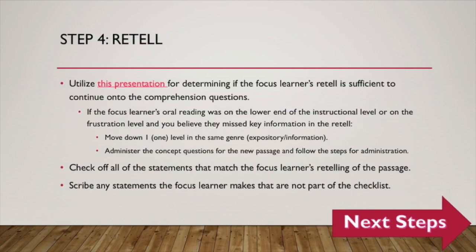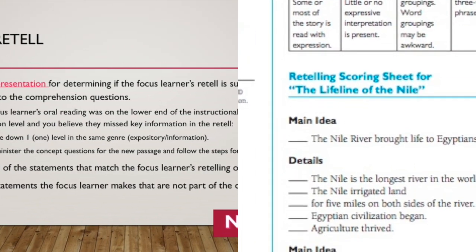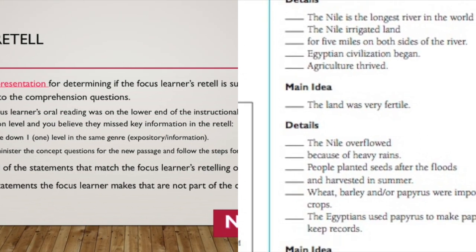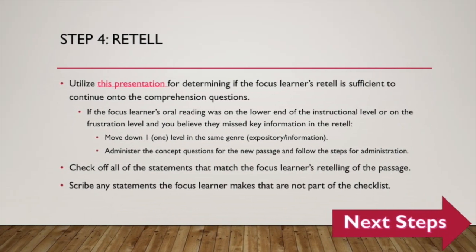If your focus learner scores on the instructional or independent level of the passage oral fluency, you would continue on to the retell checklist. You need to mark off each statement the focus learner makes that correlates to the checklist. If the focus learner provides extra information, then you need to scribe that in.